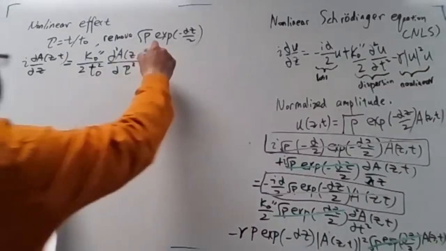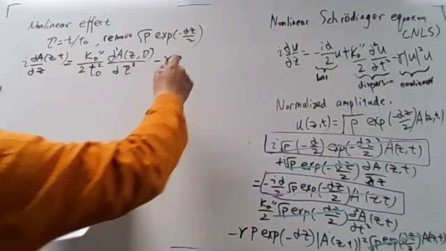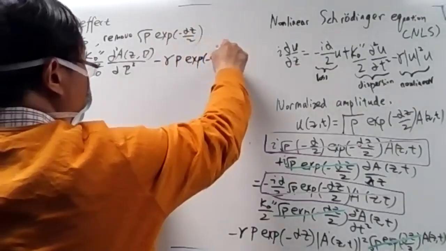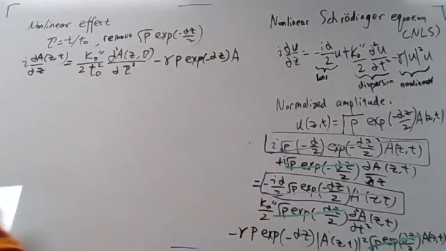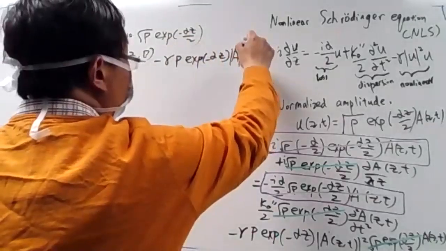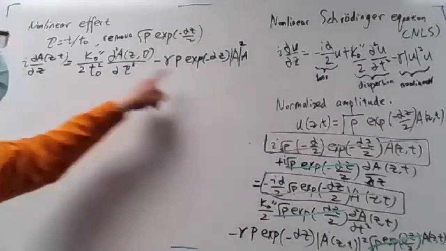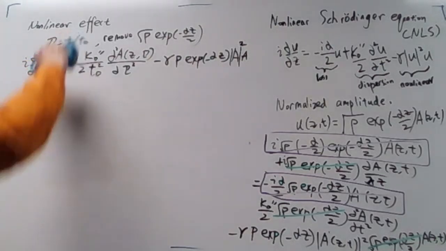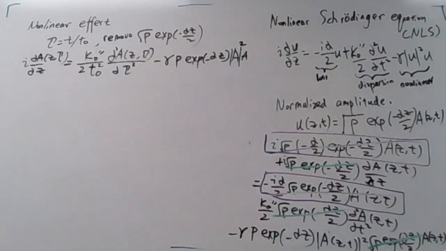And then minus gamma P exponential negative alpha Z A. This time I don't have space, so let me write a simplified version. But this A is actually Z tau, so let me be correct. This will be tau. Okay.